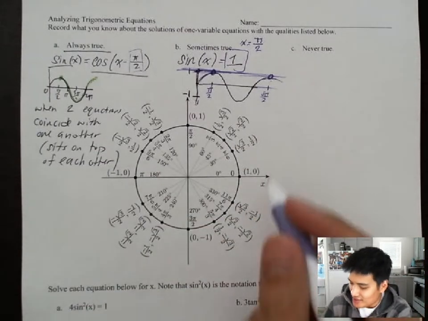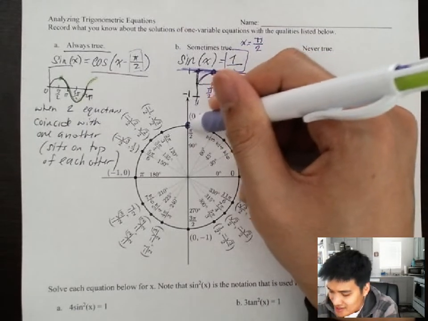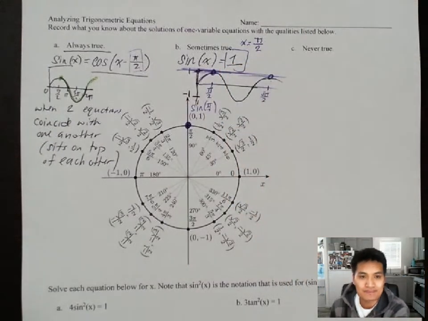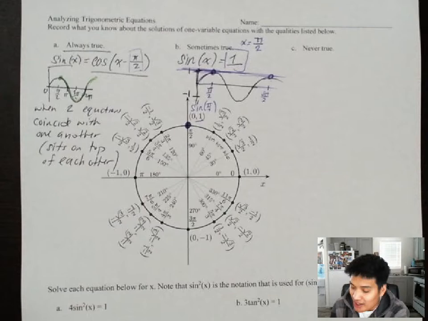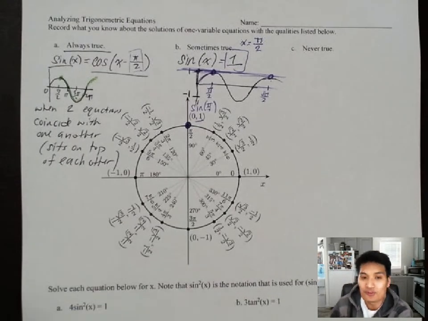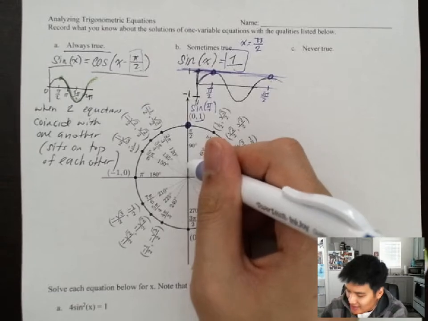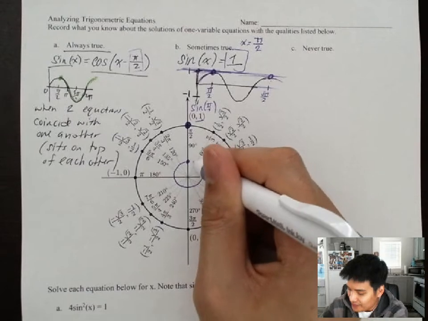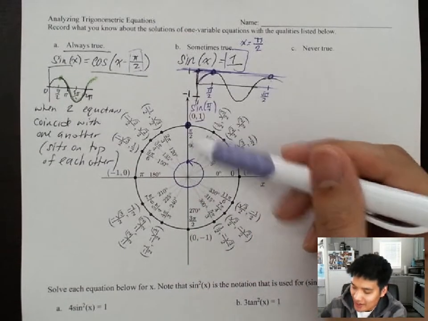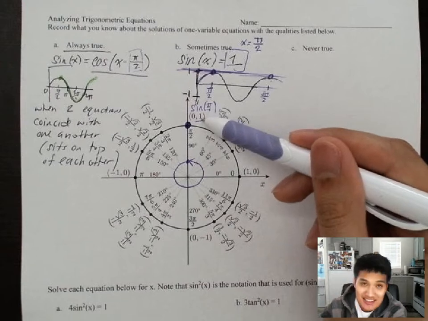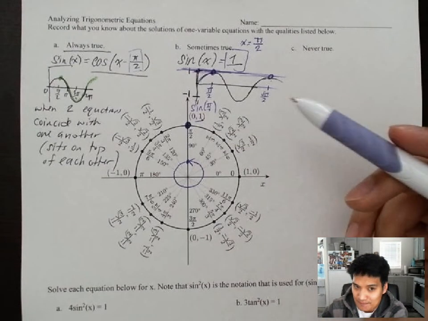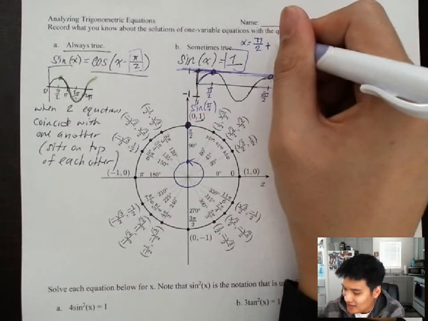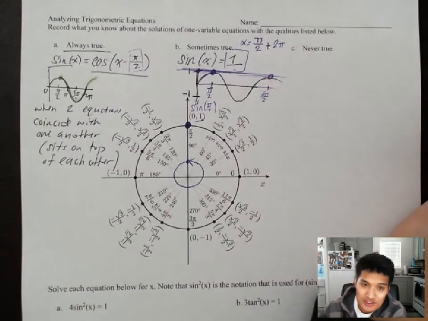One way to look at it as well is if you take a look here, this is when sine pi over 2 equals 1. Okay, as you can see, that's when it equals 1. But if I were to do one full rotation, so let's say I started from here and I ended up doing one full rotation, okay, I still will end up having an angle that will give me sine is equal to 1. Okay, so what that means is if I were to have sine of pi over 2 plus a full rotation, which we can call 2 pi, right?